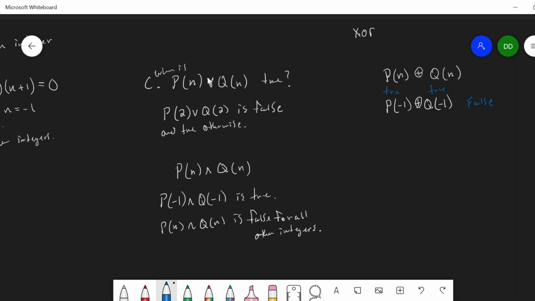Again, I need this to be true, which happens everywhere except for 2. And I need this to be false, which happens everywhere except for -1.